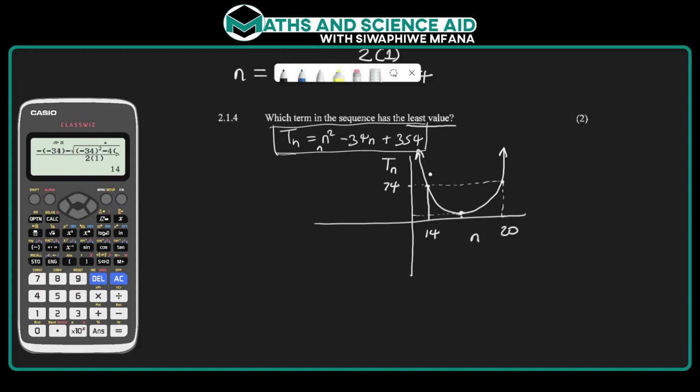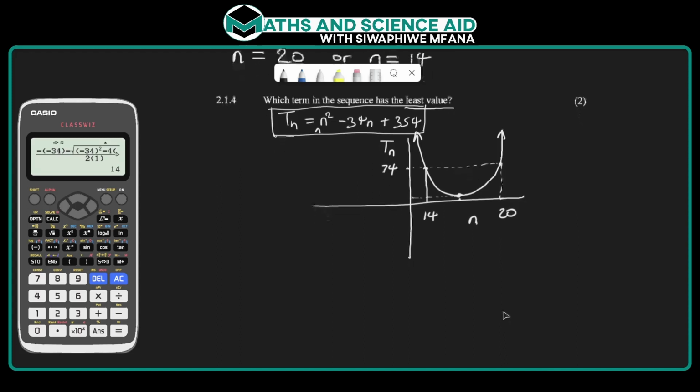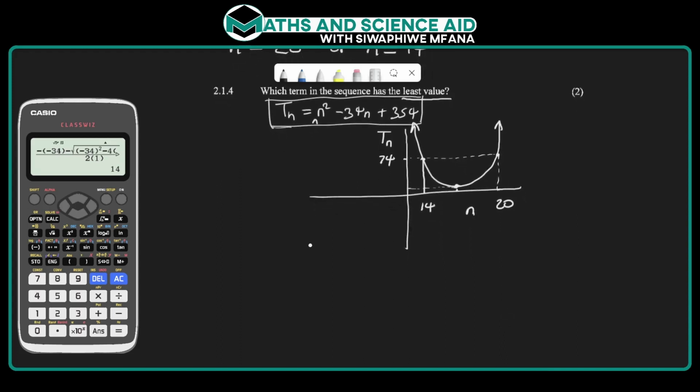From functions, we know that we can find the turning point of a parabola using this formula. Since we have n along the x-axis, we say n is equal to negative b divided by 2a. This is the formula that you can use to find a turning point.